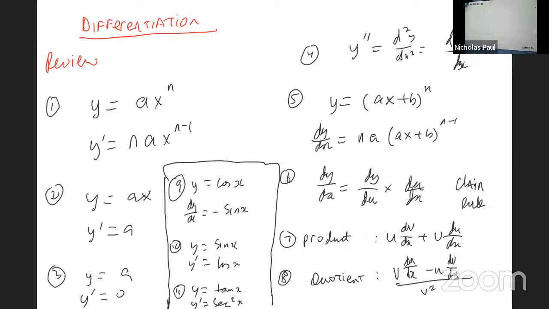Finish? Okay. So now we're going to learn about the differential of, firstly, e to the f of x.